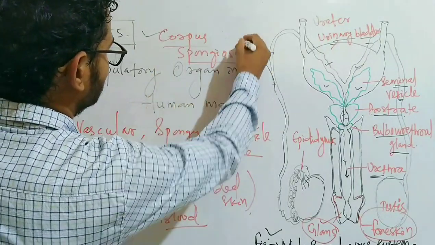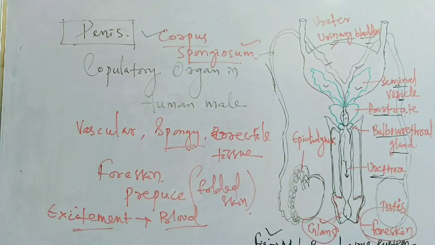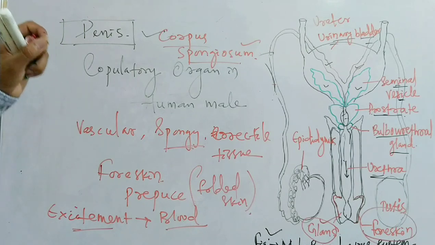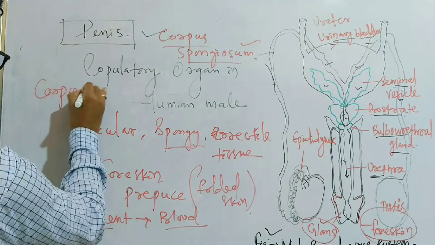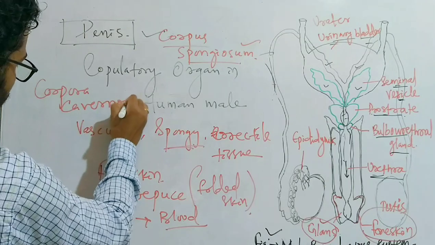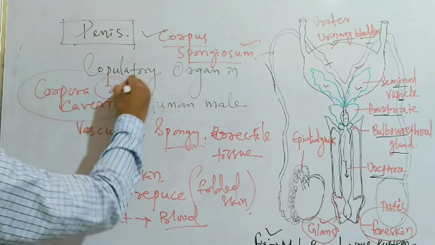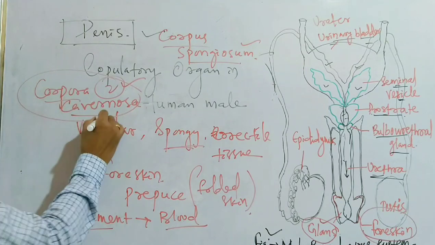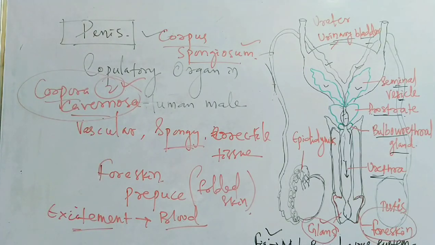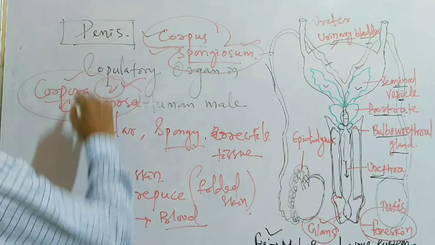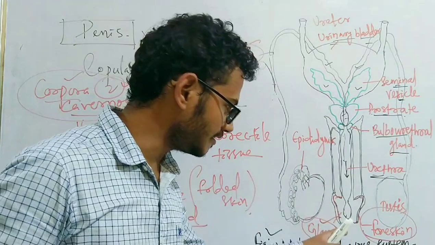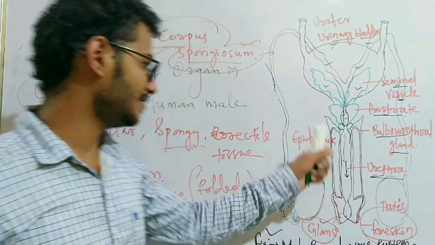From this name we can say that these are spongy tissue. Above it, two corpora cavernosa are there. So these are two layers of corpora cavernosa and a single layer of corpus spongiosum, present in the genital organ of the male, that is the penis.